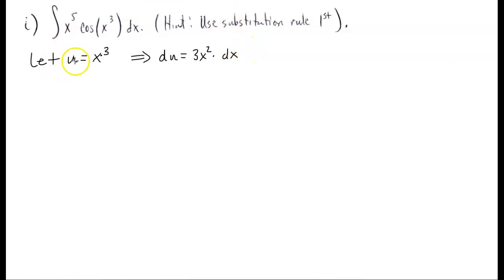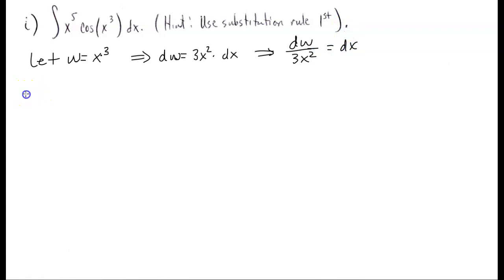And actually, let's not make this u, let's make this w, just because whenever we do integration by parts, we'll be using u for that. And here, this means that dw over 3x squared is actually going to be equal to dx here, okay?